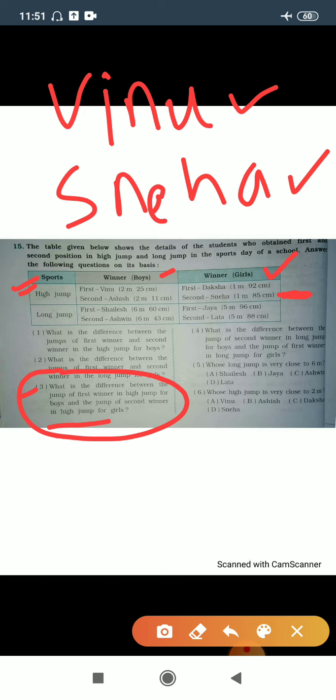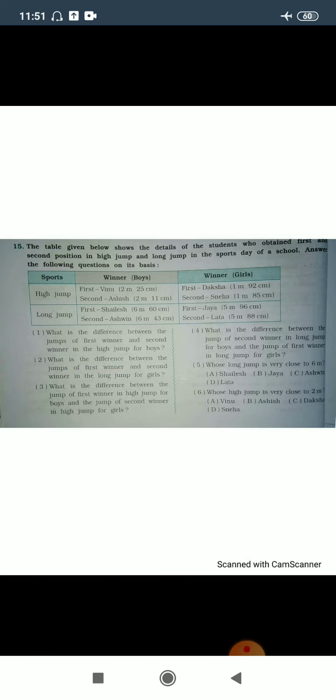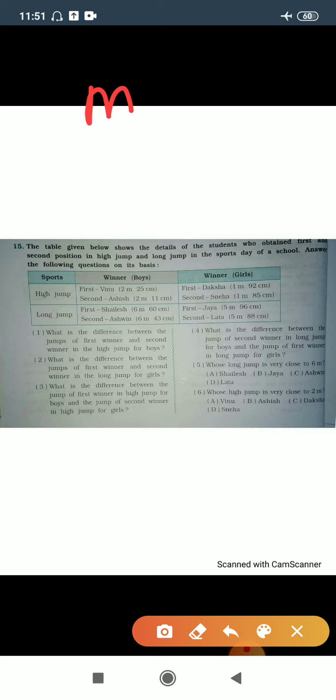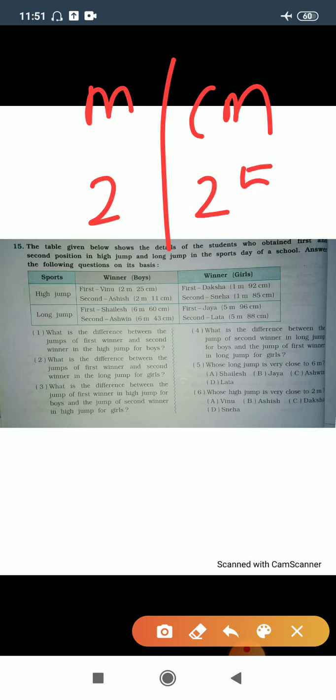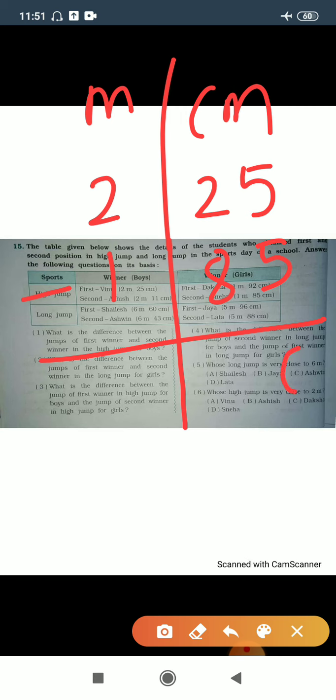Now we need to find the difference between Vinu and Sneha. First we'll write meter and centimeter. Now Vinu's jump is 2 meter 25 centimeter, and Sneha's is 1 meter 85 centimeter. Let's subtract. 5 minus 5, 0.